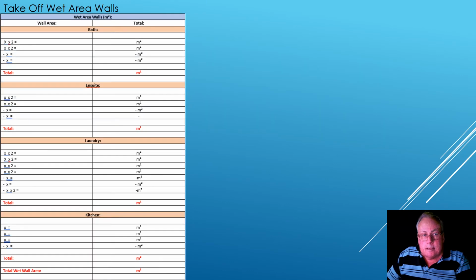Slide 6. Okay, wet area walls. And you've got a couple of wet areas. You've got the bathroom, you've got the ensuite, you've got the laundry, and you've got the back walls of the kitchen. Okay, so there's a couple of little areas there we can get, and what we're looking for is our total wet area wall. Okay, number 7.